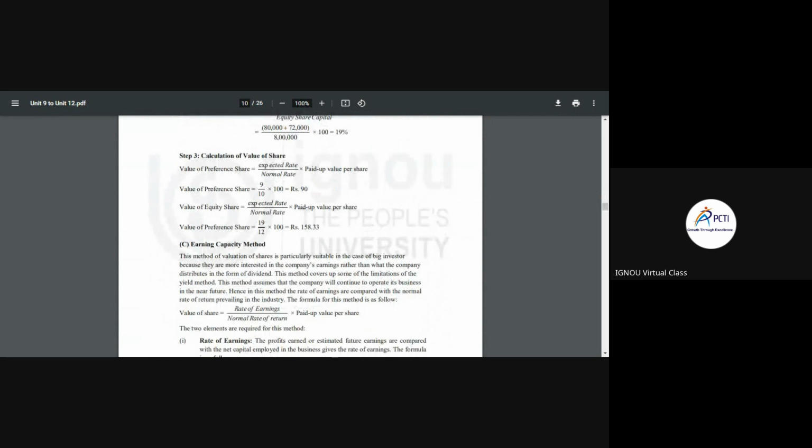Third one is calculation of value of share. So value of preference share is equal to expected rate divided by normal rate multiplied by paid up value per share. So the value of preference share will be 9 divided by 10 multiplied by 100, which is equal to 90.